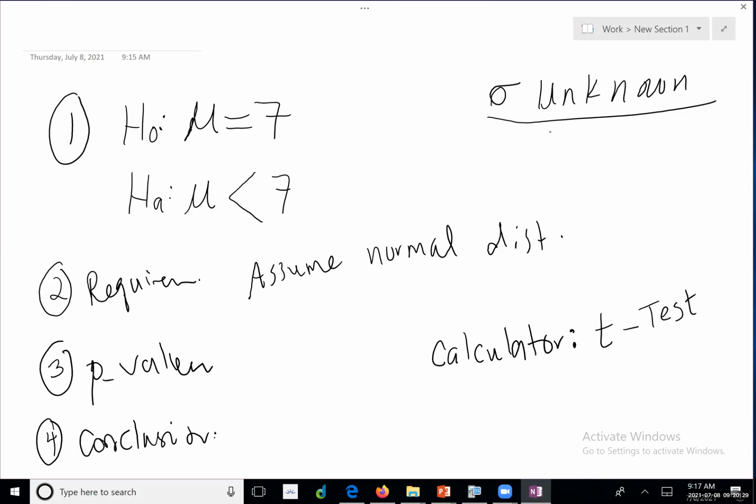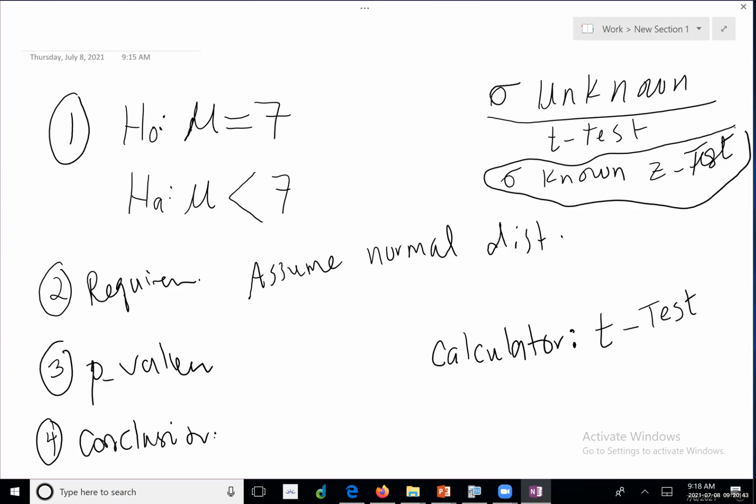If sigma is unknown, you use a t-test. If sigma is known, you use a z-test. For any calculator command involving mu, when sigma is known, we use z-test, z-interval, and so forth. So we go to t-test this time.